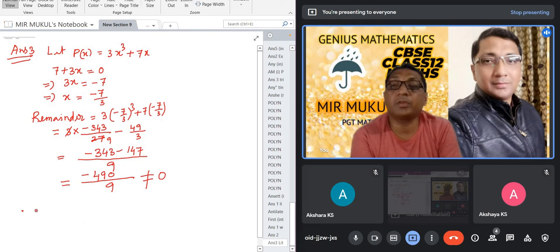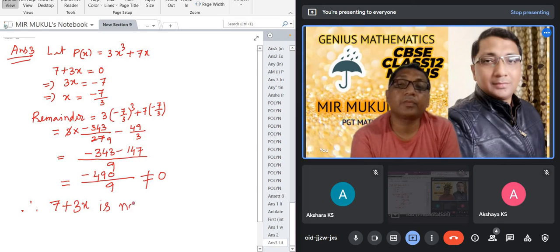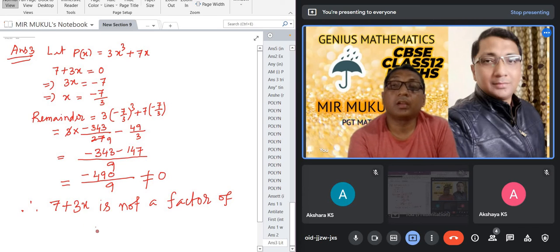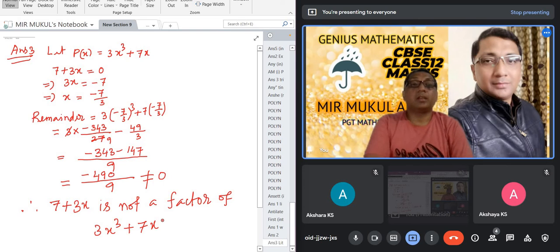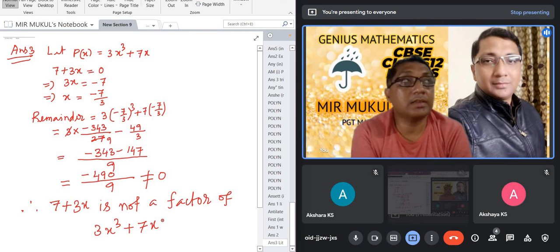So therefore, what can you say? Since it is not equal to 0, therefore 7 plus 3x is not a factor of 3x cube plus 7x. So understood?